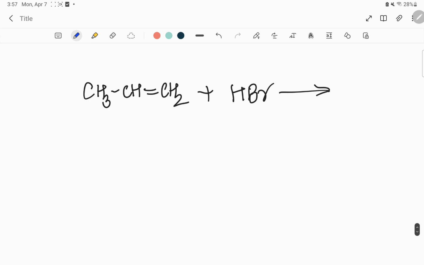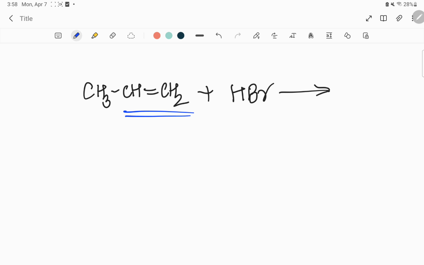So we need to follow Markovnikov's rule, and according to Markovnikov's rule, if hydrogen halide is added to an unsymmetrical alkene, then the negative part of the addendum will go to the carbon atom having lesser number of hydrogens. So here if you see, the reacting site is the double bond.